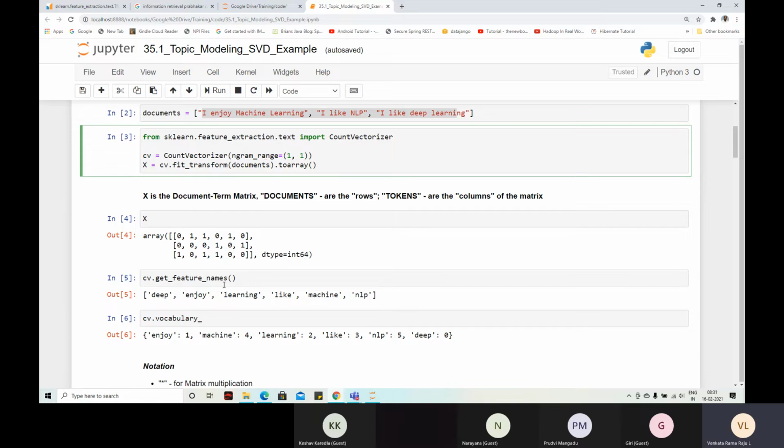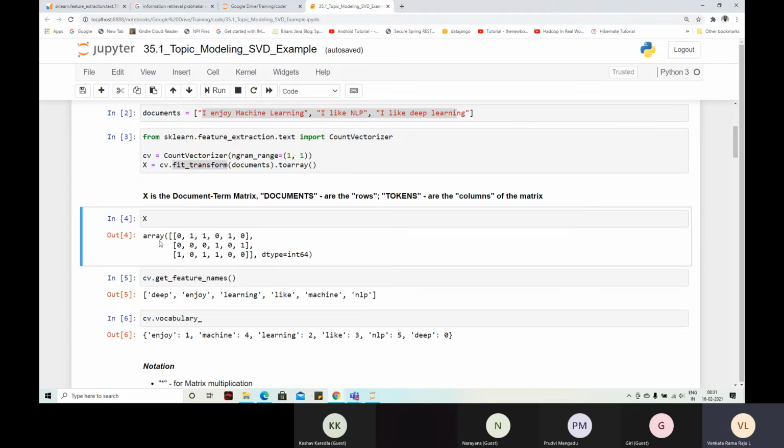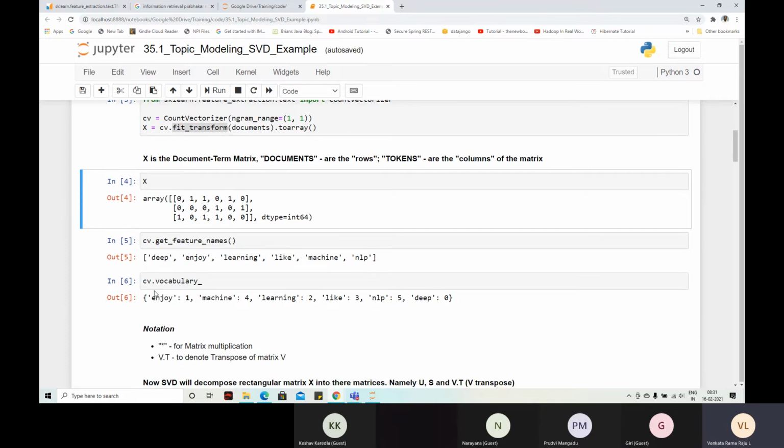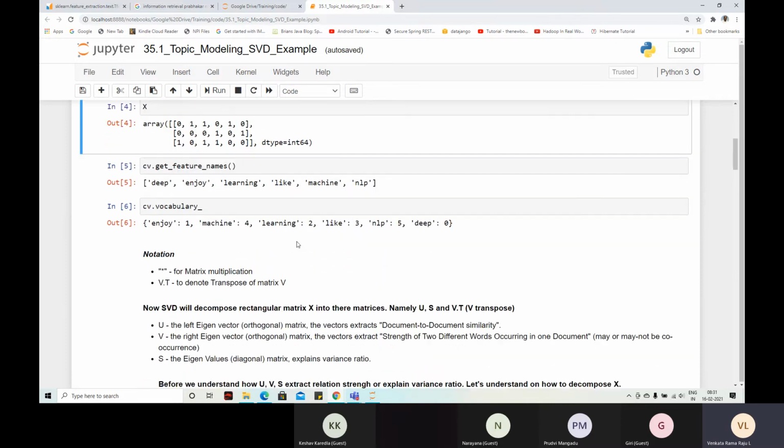That's okay, we'll see that later. I did fit transform and got a matrix, with rows document 1, document 2, document 3 and columns deep, enjoy, learning, like, machine, NLP. This is the vocabulary, in the order in which it took the words. Deep is the first word, enjoy is the next, learning is the third, like that.